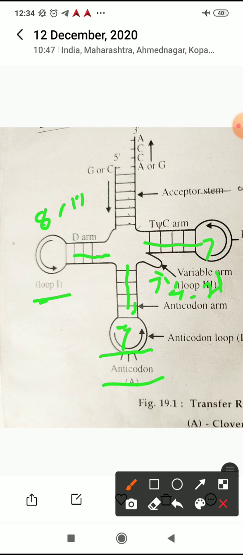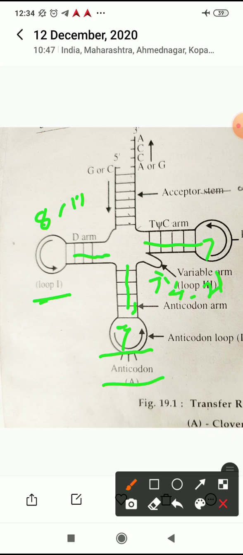So just imagine a cell. Inside the cell there is cytoplasm. In the cytoplasm amino acids are there, and to carry these amino acids, these vehicles, 20 different tRNA types, are there, and they bind with the particular amino acid and start their travel towards the protein synthesizing site, that is the ribosome.